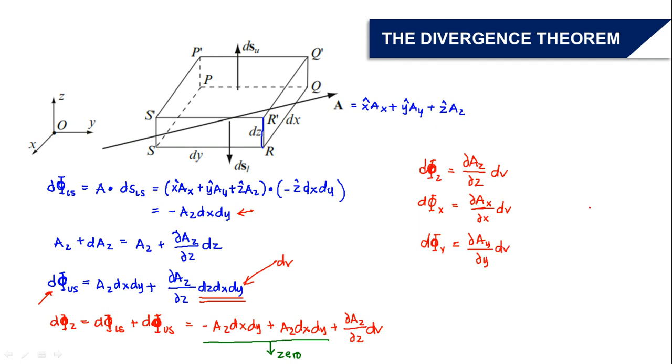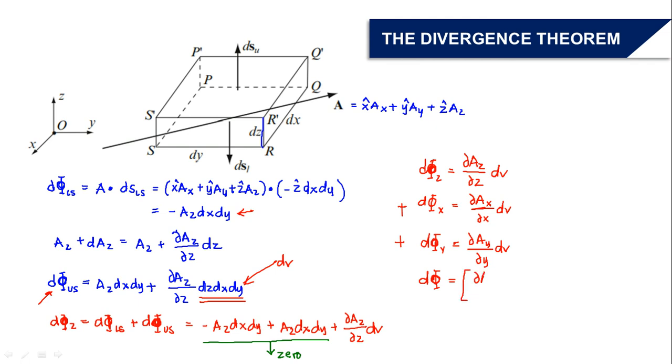Yan. So, para makuha natin yung total flux, using the same rationale nung sa lahat ng yun, the total flux through this particular volume, equal yan of course dun sa summation ng tatlo. Okay. So, mapapansin natin dyan, we will get this particular expression.